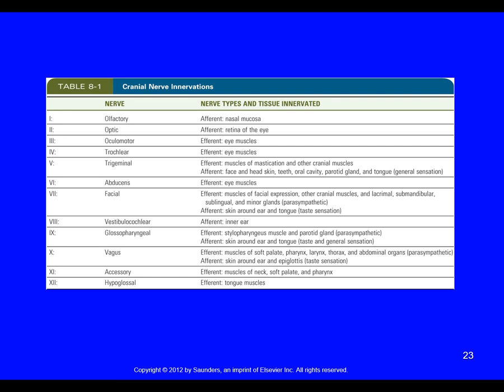Now there are a lot of different mnemonics that people have learned to remember the cranial nerves in order. I have told you guys in class, the way that I learned it was: ooh, ooh, ooh, to touch and feel very good velvet, ah.